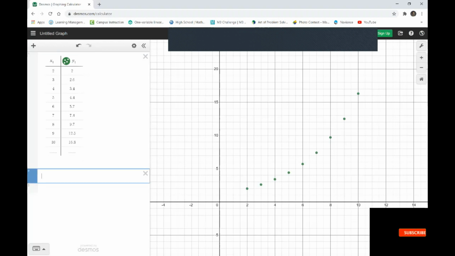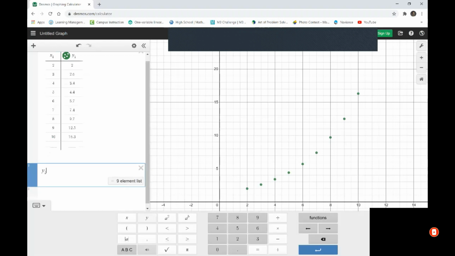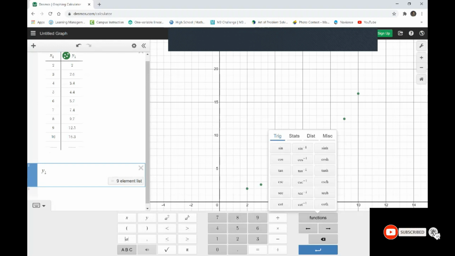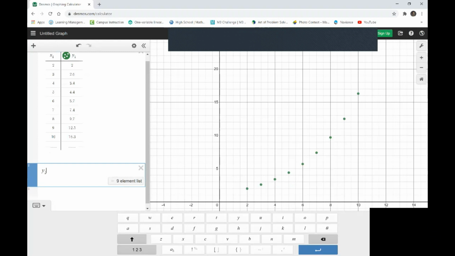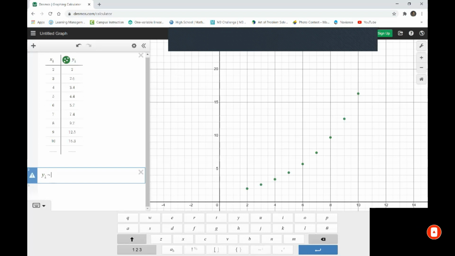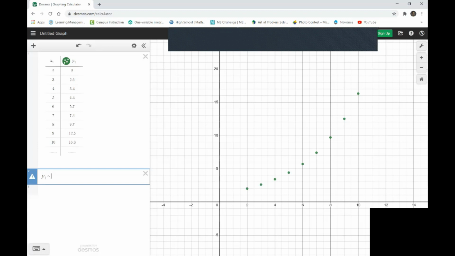Okay, so the first piece wants us to find a linear regression model and graph it. So that will be y1, hit the tilde. The tilde is under the keyboard.